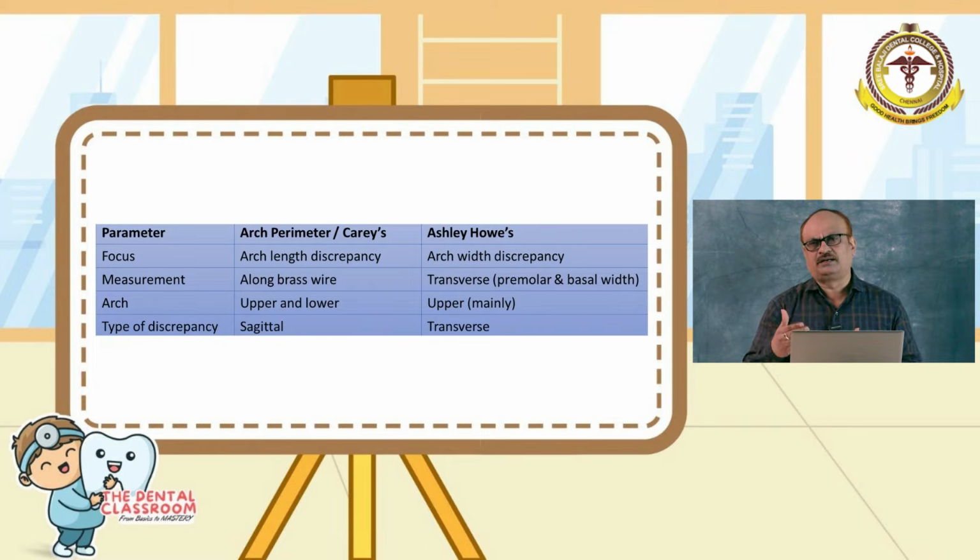Both upper and lower arches are used in arch perimeter analysis, whereas Ashley-Howe's is done only in the maxillary arch. As for the type of discrepancy, arch perimeter analysis analyzes the sagittal, that is how much space is present anterior to the permanent first molar, whereas Ashley-Howe's concentrates on the transverse dimension, whether for the given transverse arch width the total tooth material fits or not.